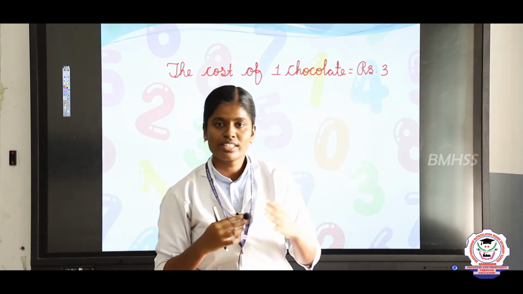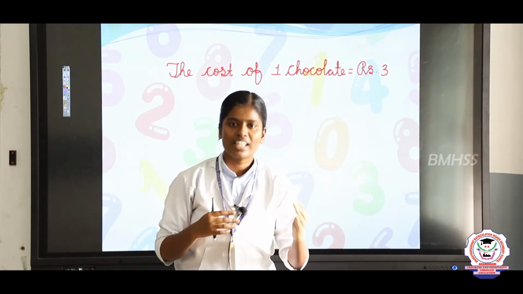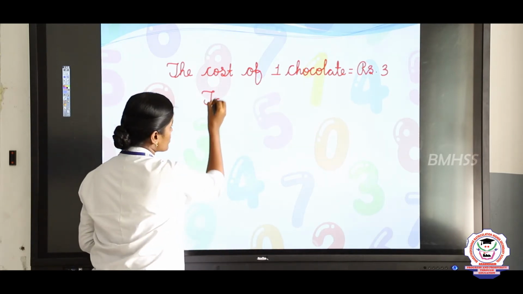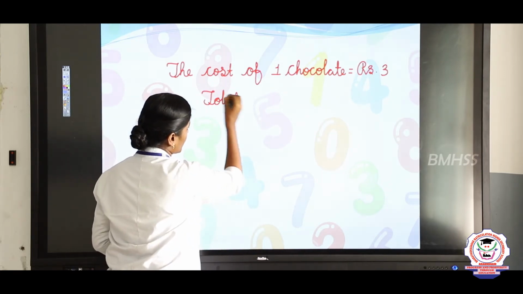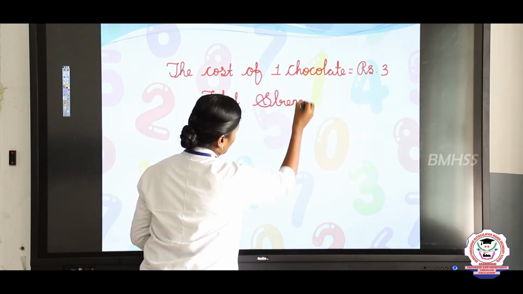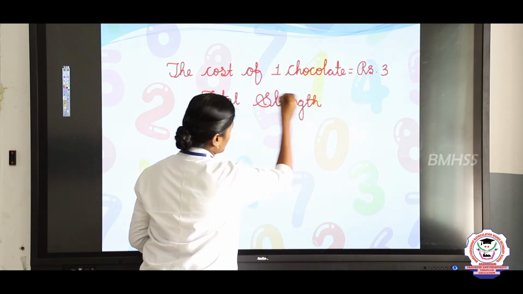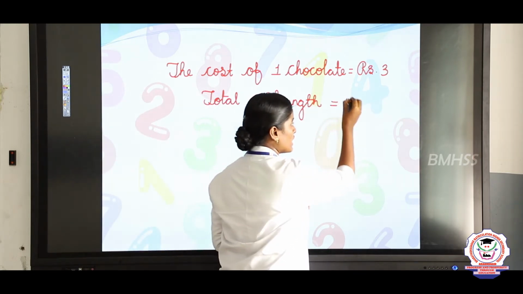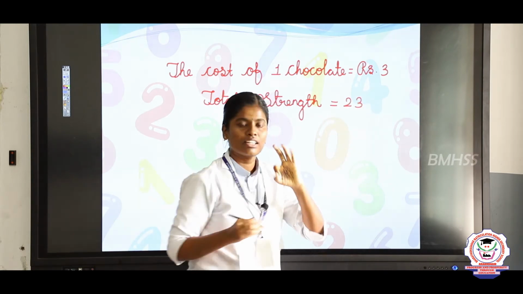What is the total strength of the class? The total strength of the class students is 23. The cost of one chocolate is 3 rupees.